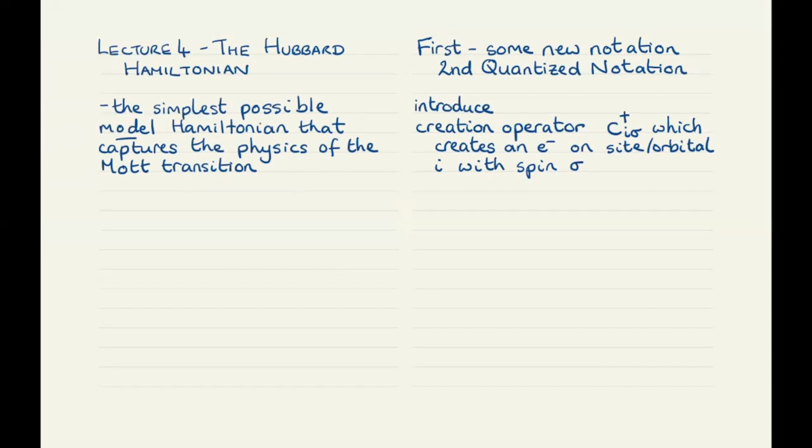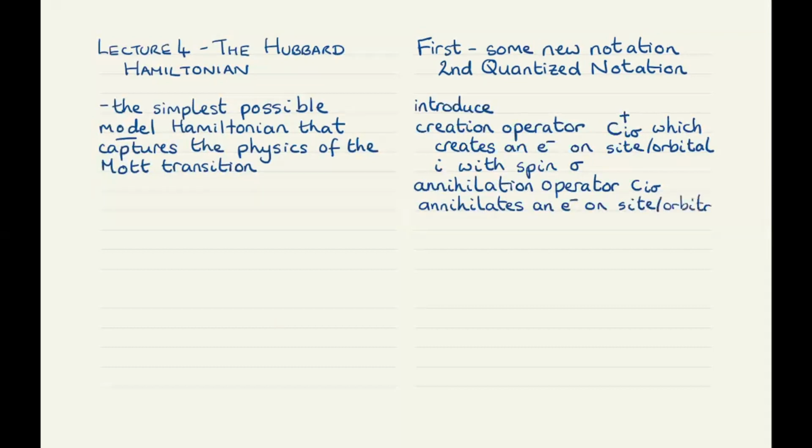The second operator we'll be working with is the annihilation operator, and this has the symbol C sub I sigma. This operator obviously annihilates an electron on site or orbital I, again with spin sigma.